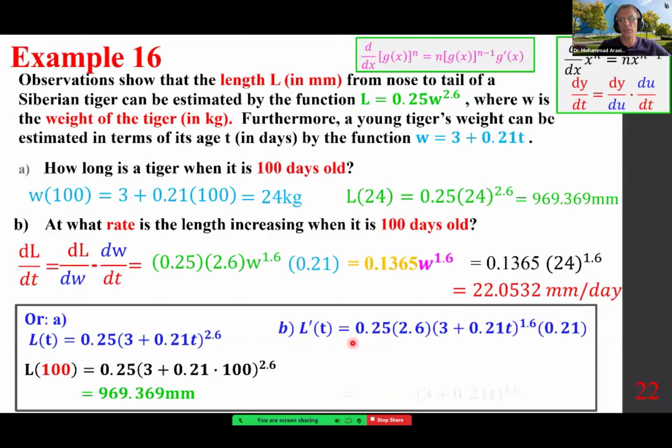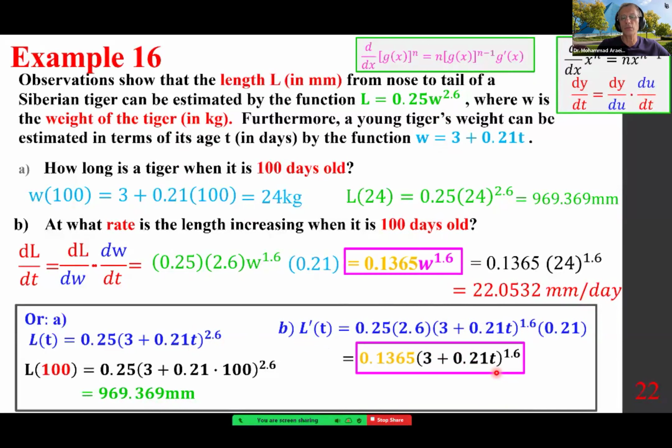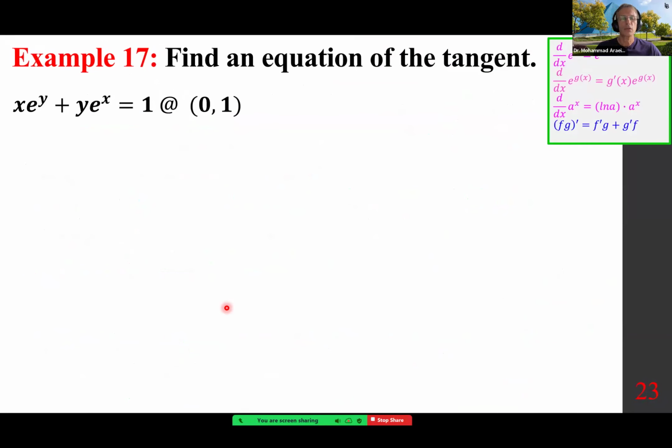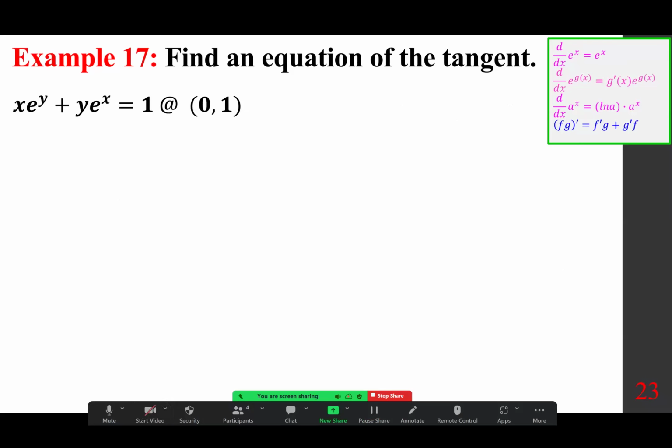Multiply those three numbers, and notice you get the same number as here, with 3 plus 0.21 T to the power of 1.6 instead of W. Now if you replace the T with 100, please understand these two are the same. And when you do that, L prime of 100 is the same thing that we found here. I hope everybody is comfortable with that. So that was the second method, everybody.